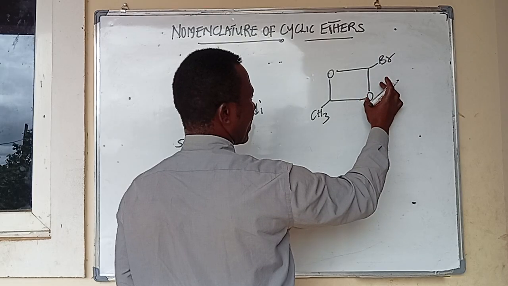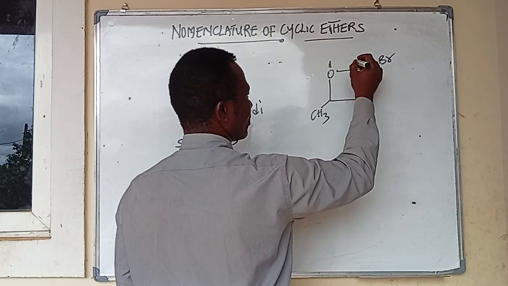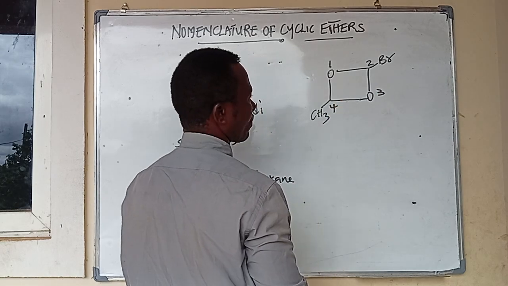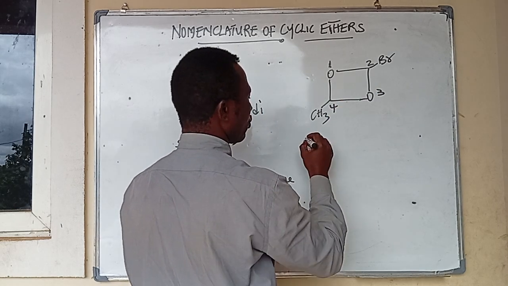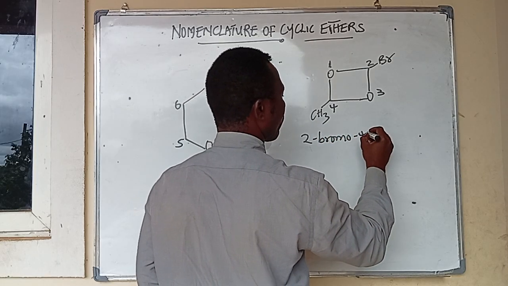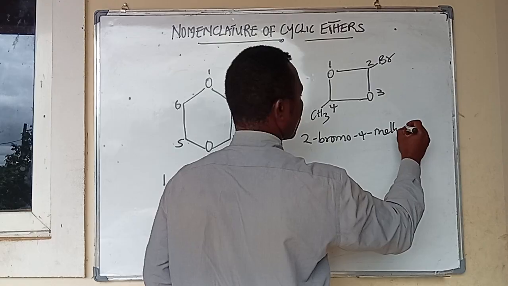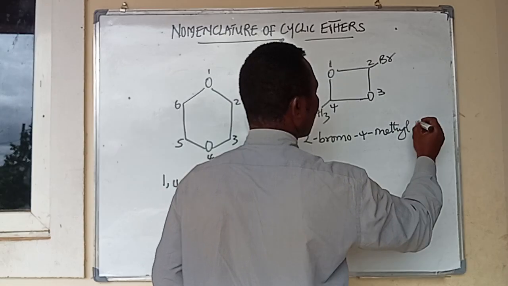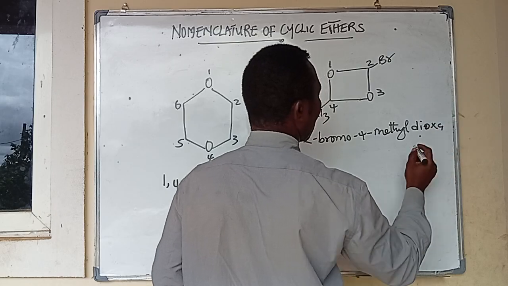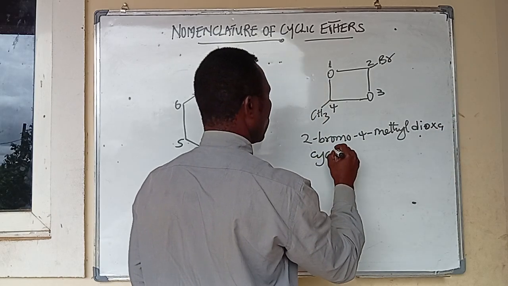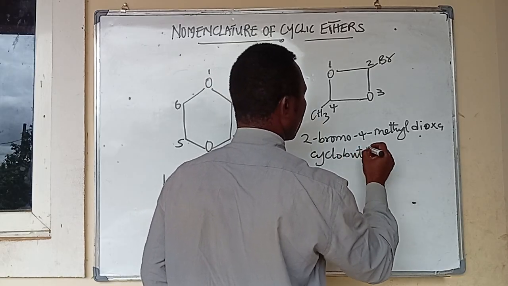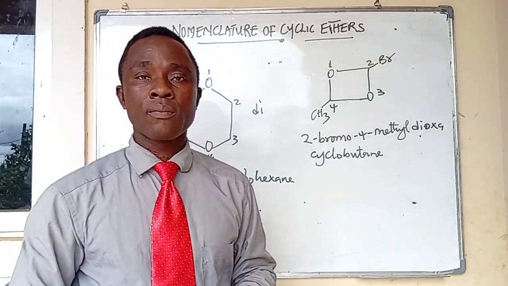So let us take here as 1, here will be 2, 3, and 4. So that will be 2-bromo. You have 4-methyl. Then you have dioxacyclo. That is butane. That will become the name of that compound.